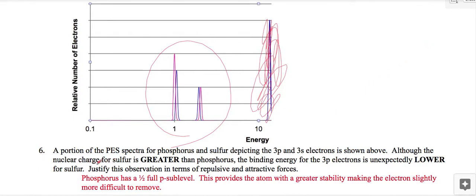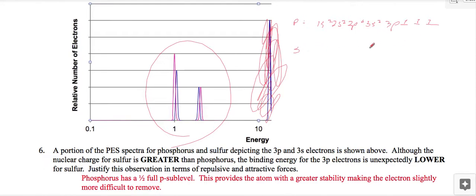The charge for sulfur is greater than phosphorus, but the binding energy is unexpectedly lower for sulfur. Justify. And so if we look at the electron configuration, we have 1s2, 2s2, 2p6, 3s2, 3p3. That's going to be our phosphorus.